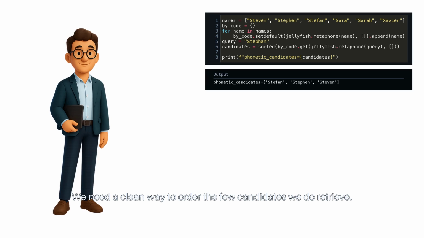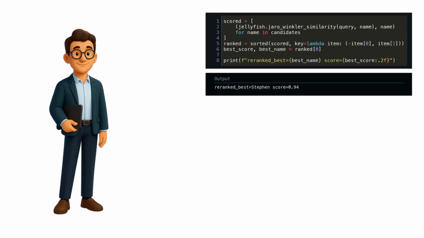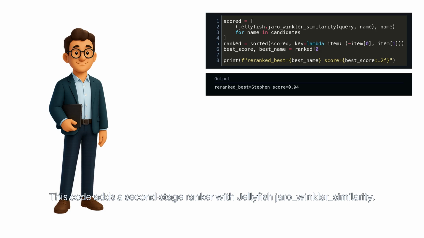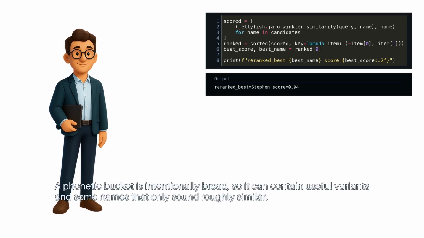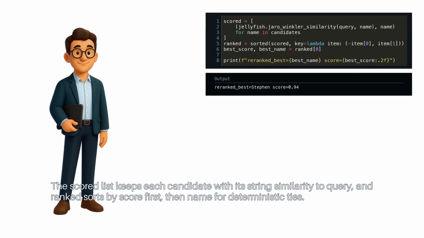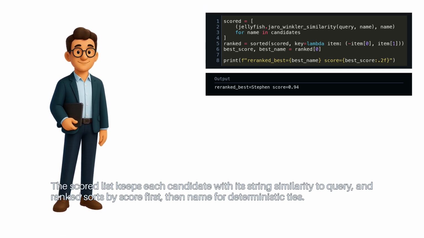We need a clean way to order the few candidates we do retrieve. This code adds a second stage ranker with jellyfish Jaro-Winkler similarity. A phonetic bucket is intentionally broad so it can contain useful variants and some names that only sound roughly similar. The scored list keeps each candidate with its string similarity to query, and ranked sorts by score first, then name for deterministic ties.